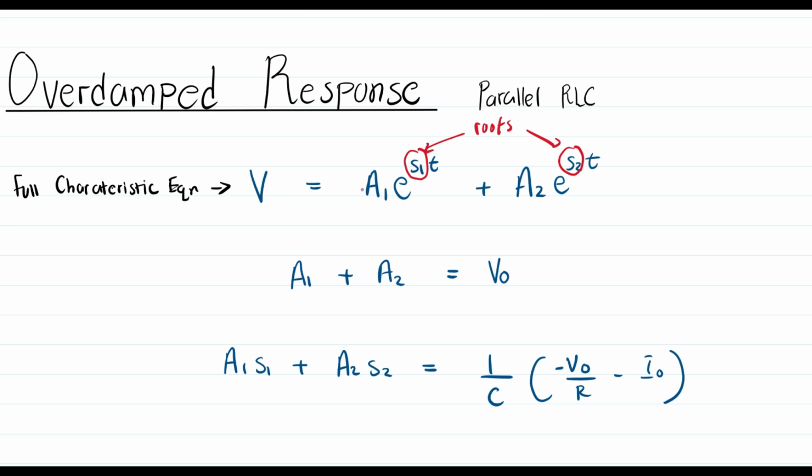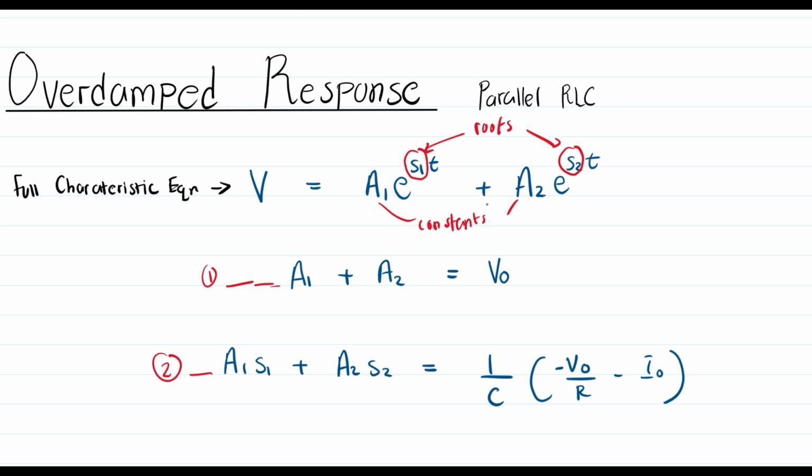And then we have A1 and A2, which are constants. To find the constants, we're going to use these two equations. I can call this equation 1, and this equation 2.